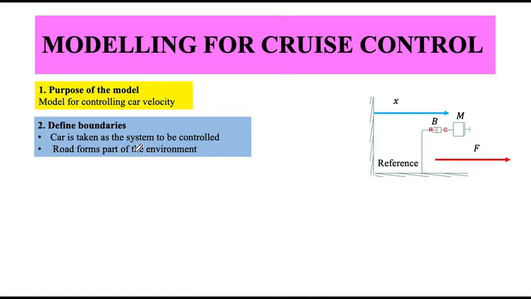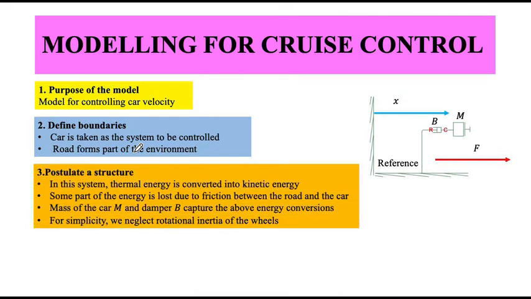So what could be a typical structure here? There is again a force, displacement and a velocity. In this system, the thermal energy which comes from the engine is converted into kinetic energy, or the velocity.